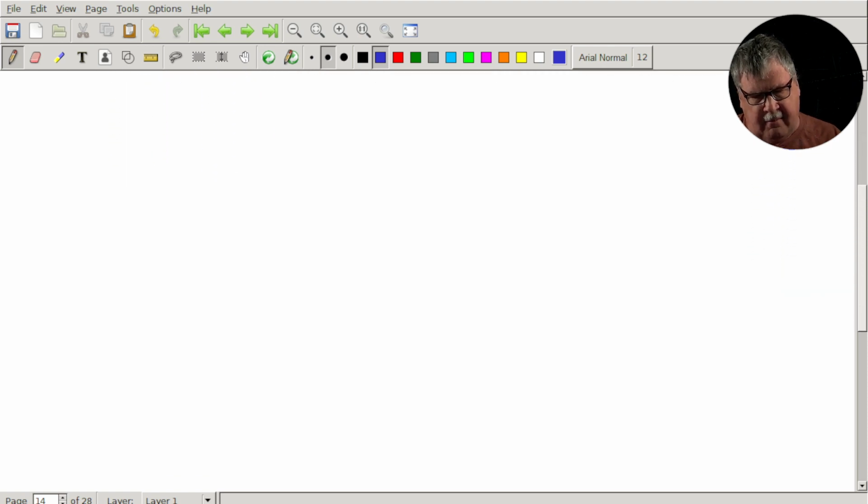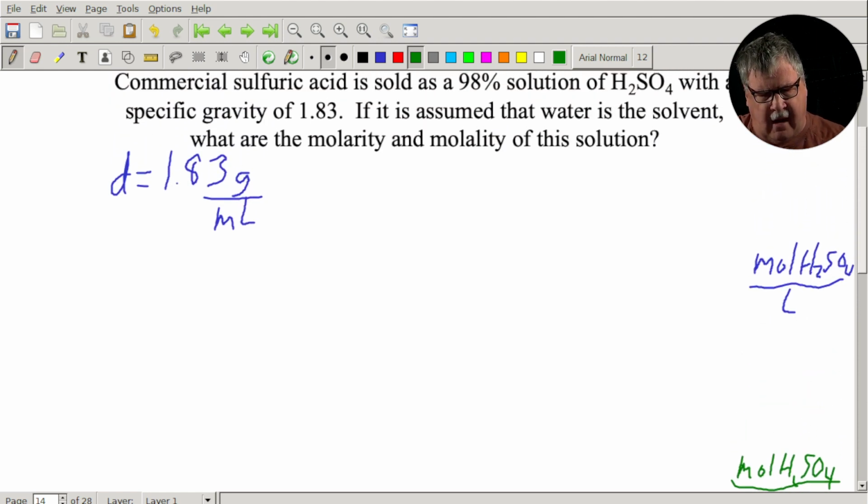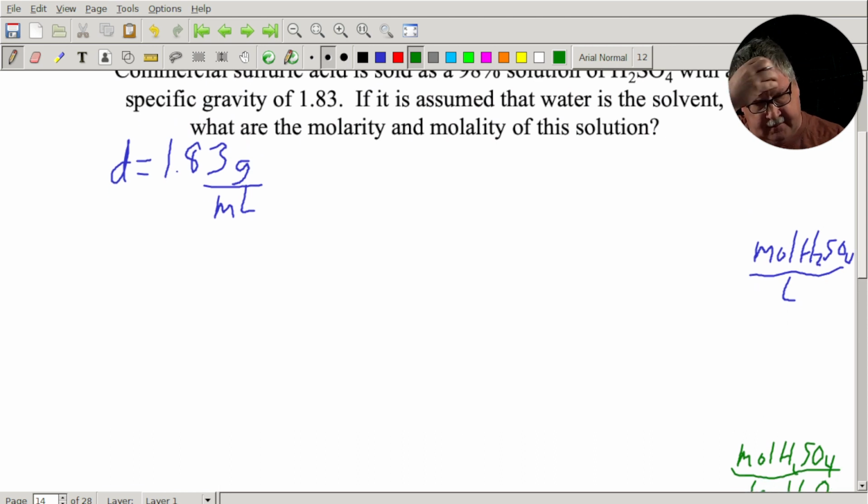Another one we're going to do, and I'm going to give myself some space here, is we also want to figure out what is the concentration of this solution in molality, or moles of H2SO4 per kilogram of my alleged solvent, H2O. All right, so let's start with molarity first.